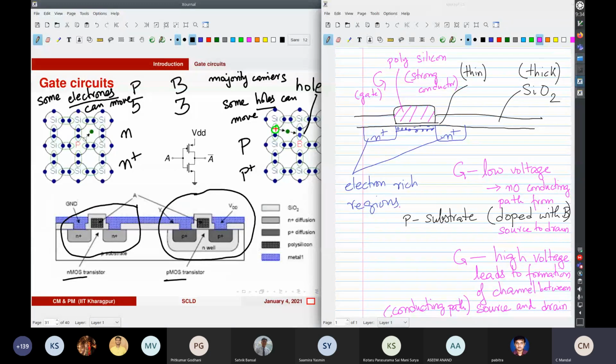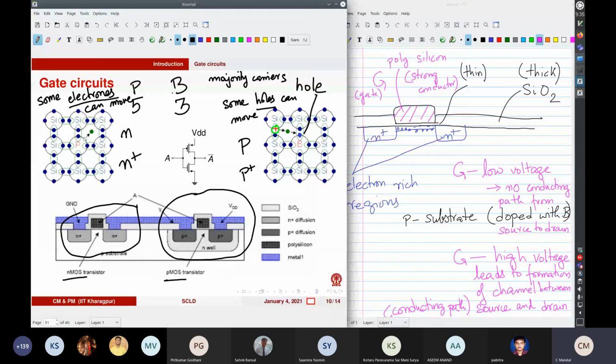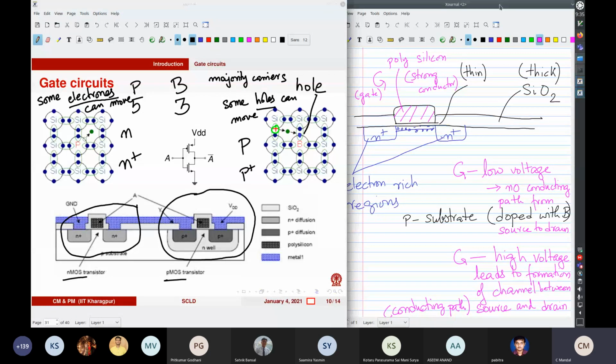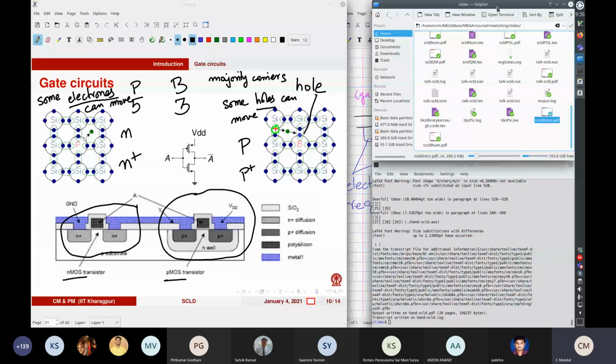So now that you know how these transistors work, let us see if we can explain the working of a very simple circuit, which is an inverter. I'll just open another instance of this.